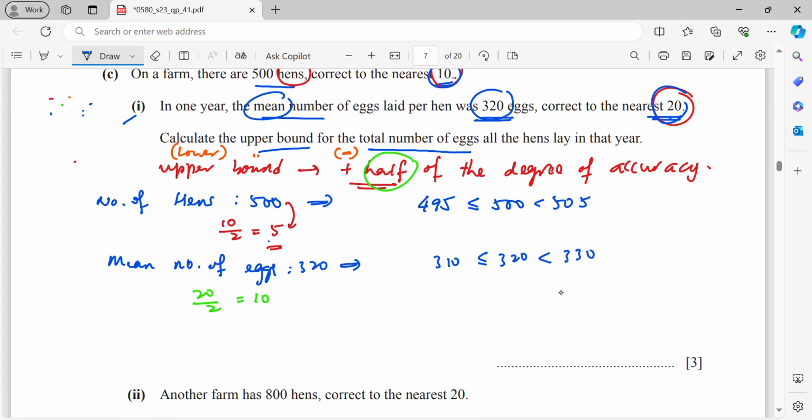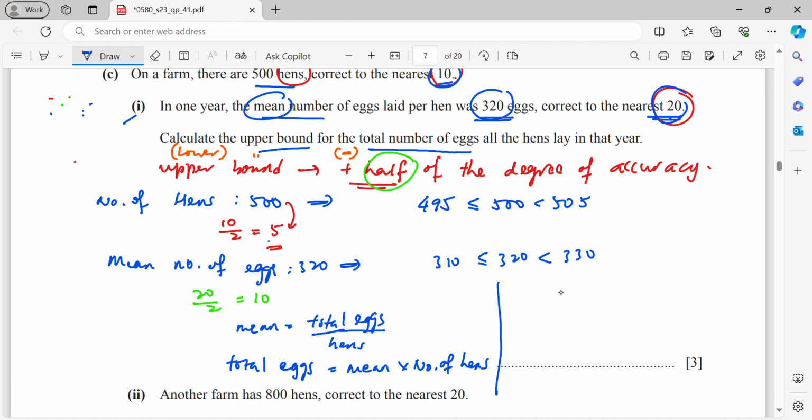Now you need to find the upper bound of the total number of eggs. We know that the mean equals total eggs over number of hens. So to find the total eggs, it is mean times number of hens.